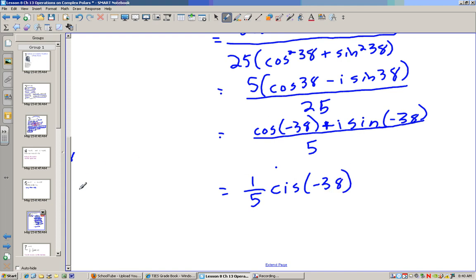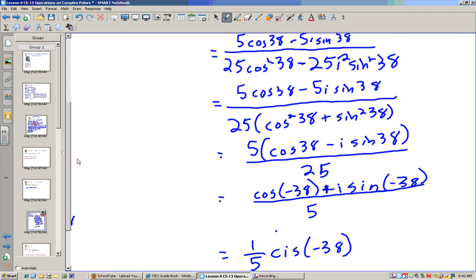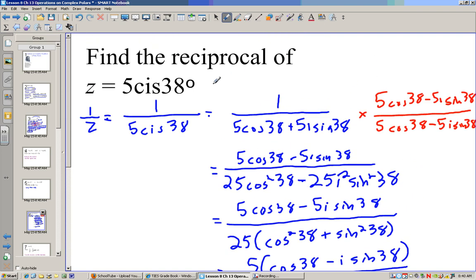So let's take this, bring it up to the top. If I said this is equal to 1/5 cosine i sine of negative 38, hopefully you see that, oh, I shouldn't say equals. I should say goes to, because we're looking for a reciprocal. This is definitely not equal to this. Don't be mistaken, like I made the mistake.